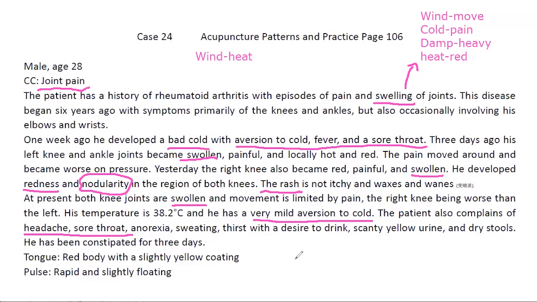Yes, you are right. There is local stagnation and blocking for a long term already from arthritis, and then the heat invading makes it worse. Yes, you are right.